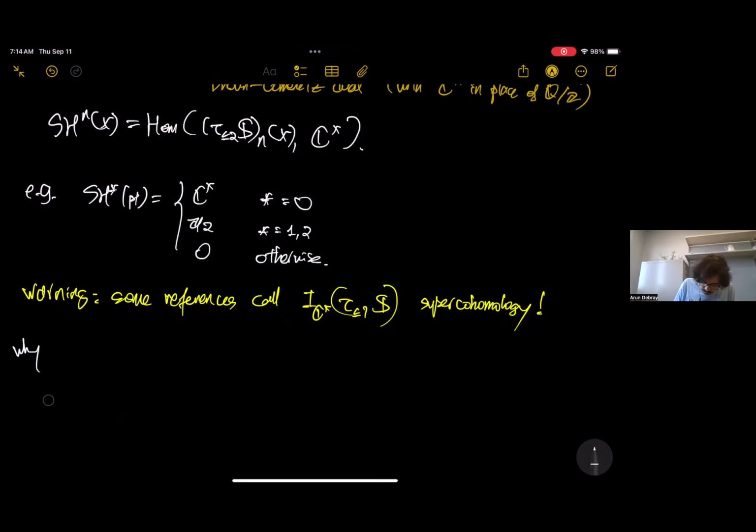So why the name? Let's consider the Morita 2-category of algebras over the complex numbers. So objects are algebras. Maybe I'm supposed to say finite dimensional here. Morphisms are bimodules, and 2-morphisms are bimodule homomorphisms.